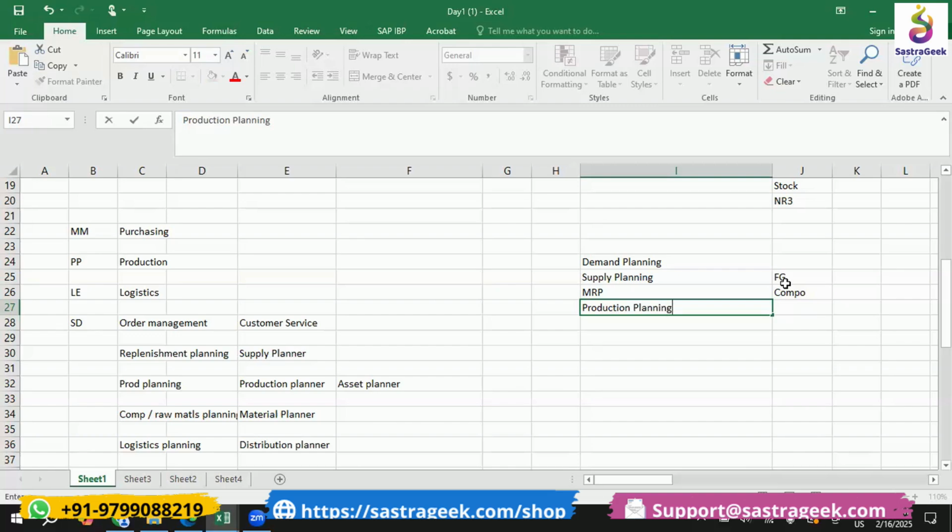Now, since we also talked about optimization here, it can also be treated as production planning and detailed scheduling.